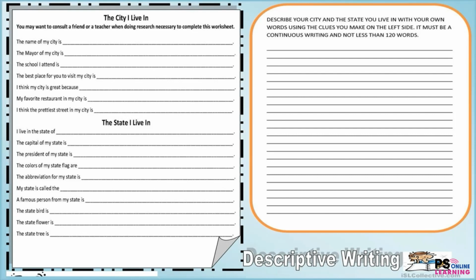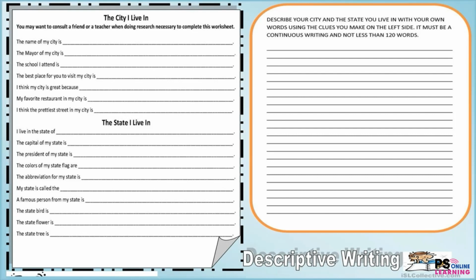Because president is pretty much talking about the whole entire nation, the whole entire country. But this is talking about your province. Your province has a governor. If you know it, it's okay. If you don't know it, that's okay too. So relax. Don't take anything seriously here, okay? It's not a serious thing. Just relax. The colors of my province flag.